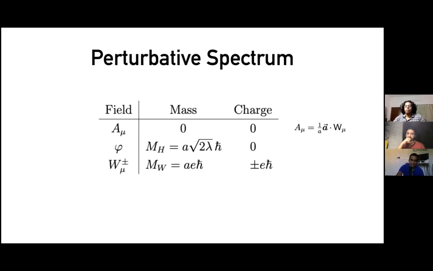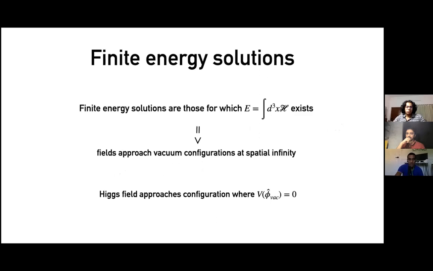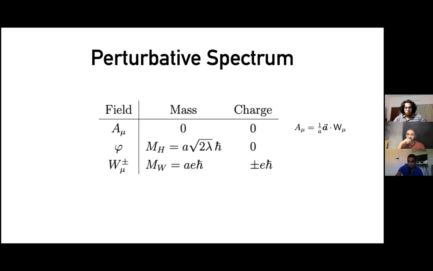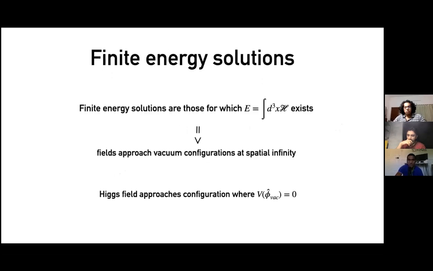So that's sort of the idea. Cool. And also, another interesting thing is that the massless electromagnetic gauge field is the constant vector A dotted with W. We'll see that come up again.